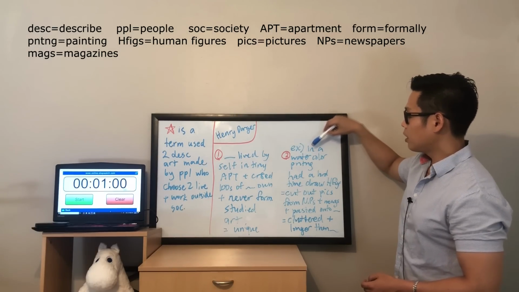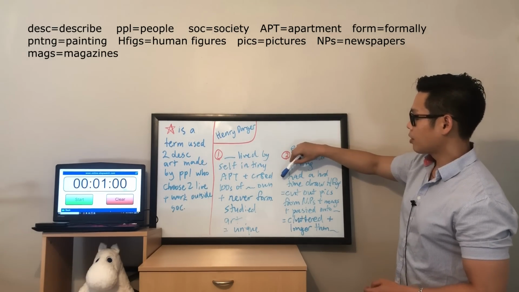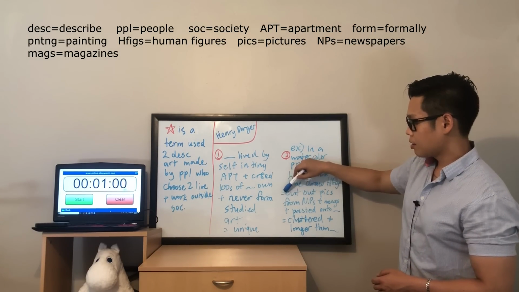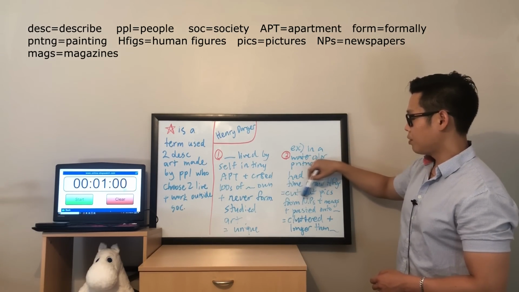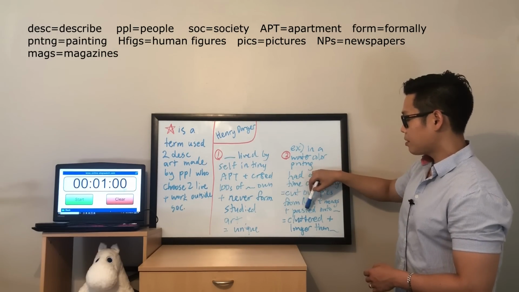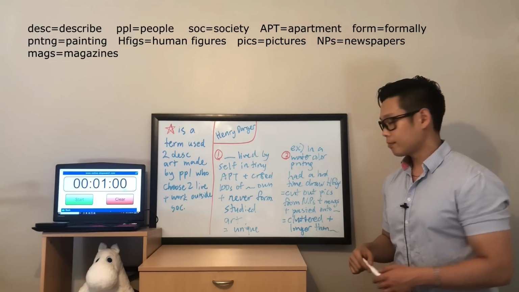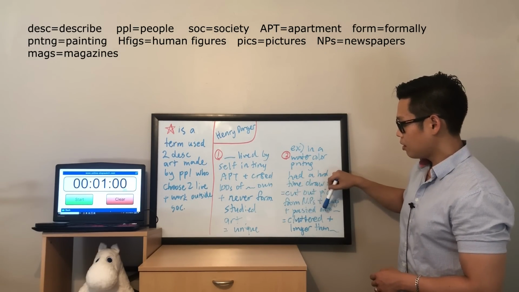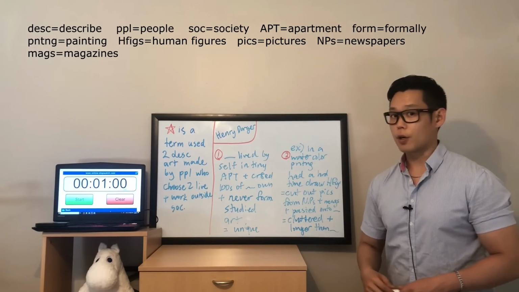For example, in a watercolor painting, Darger had a hard time drawing human figures. Hence, he simply cut out pictures from newspapers and magazines and pasted them onto his painting. Needless to say, this painting is more cluttered and much longer than other works of art.